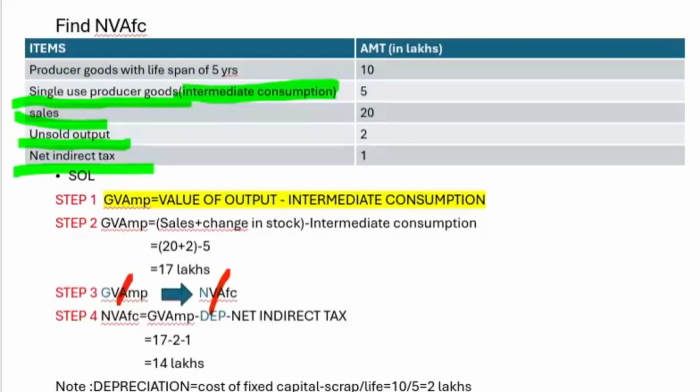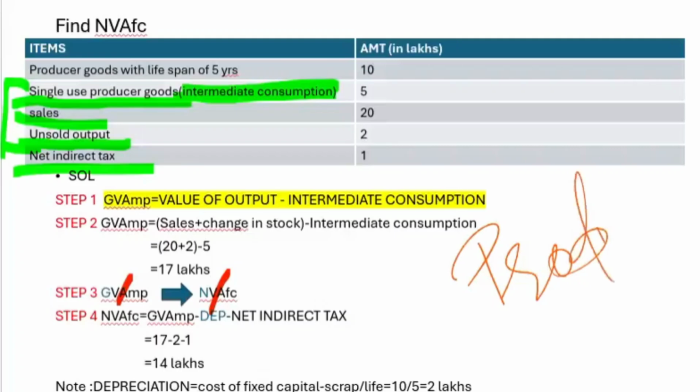Suppose this kind of question comes in the examination. Through these terms, that is intermediate consumption, sales, output, we need to identify that these terms actually belong to the formula of the product or production method. That's how we'll identify which method is to be applied.